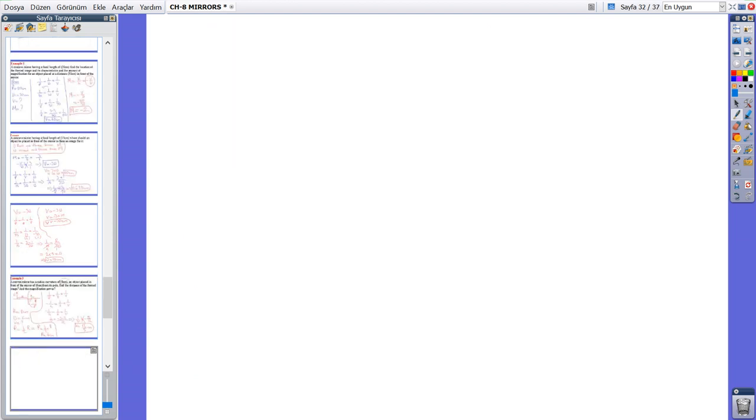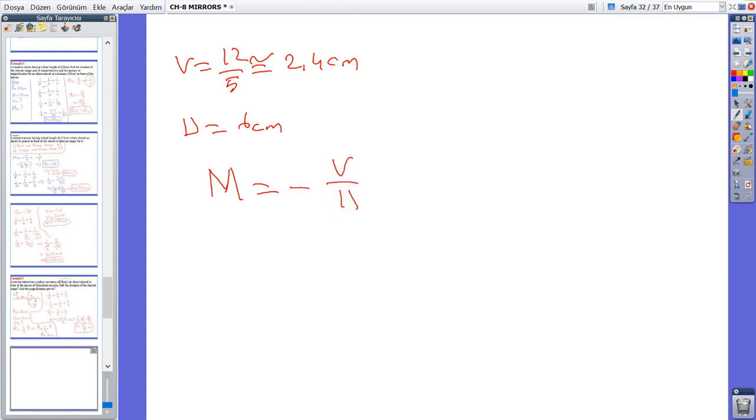Now we will find the magnification. We found 12 over 5, approximately 2.4 centimeters, and u equals 6 centimeters. If you remember our equation, magnification equals negative v over u.